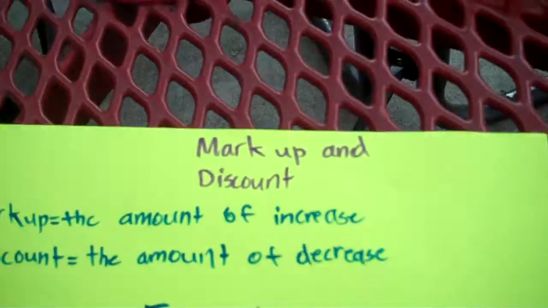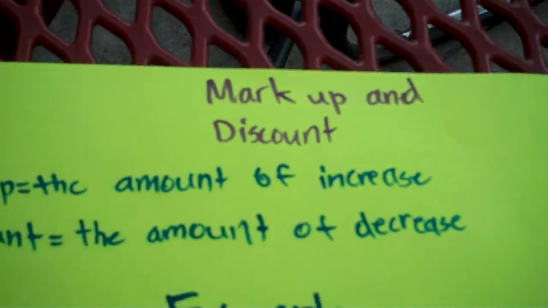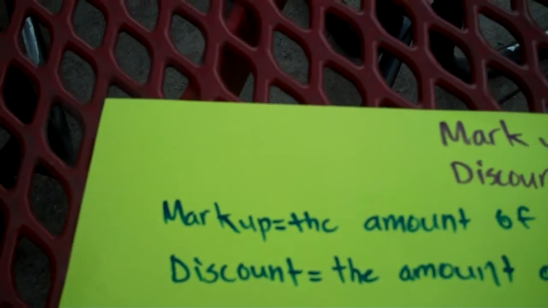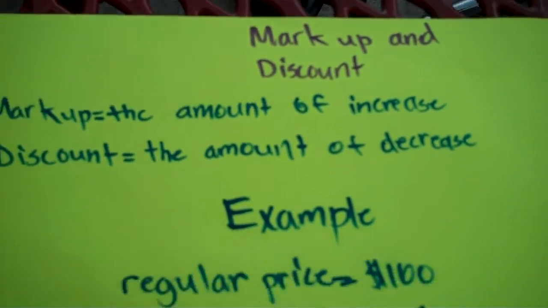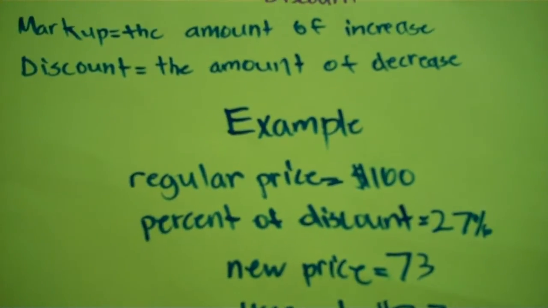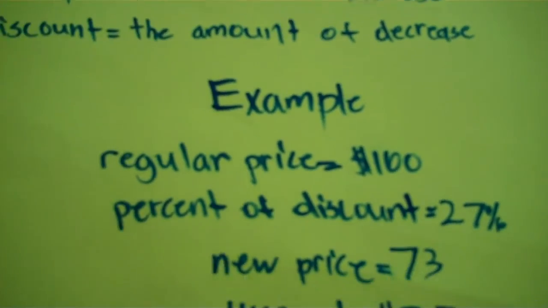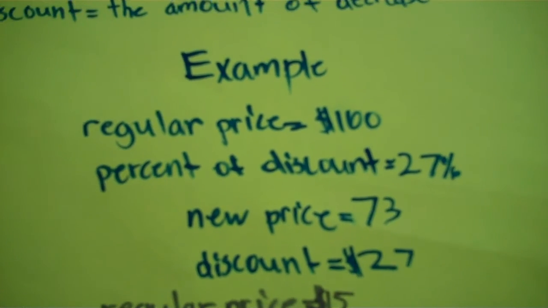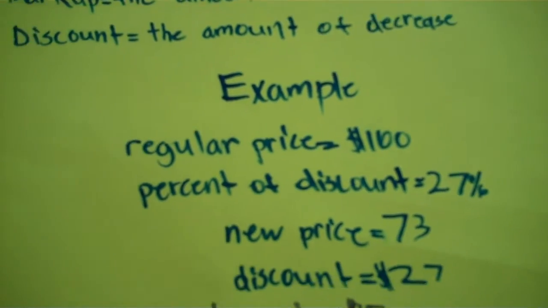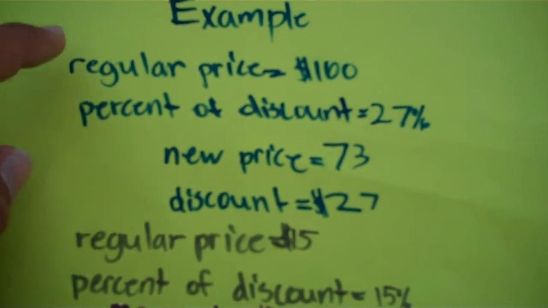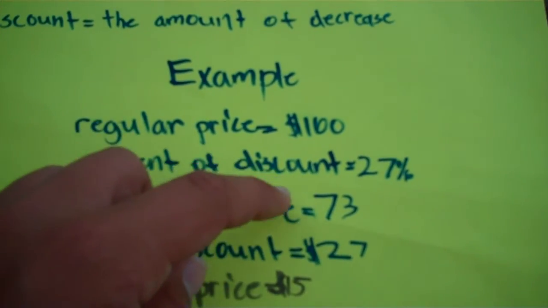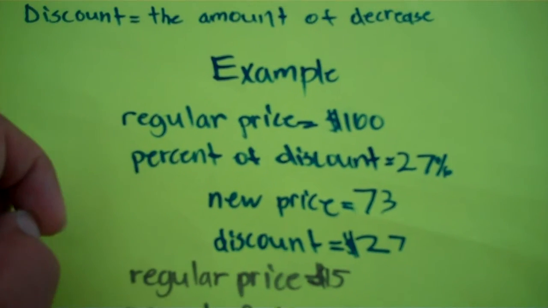Now last but not least, markup and discount. Markup equals amount of increase. Discount equals the amount of decrease. An example for discount would be the regular price is 100. The percent of discount is 27%. And then all you would have to do is do 100 times 0.27 because you have to turn it into a decimal.